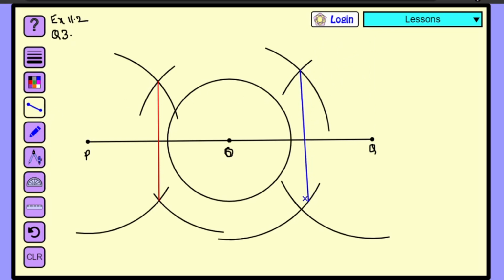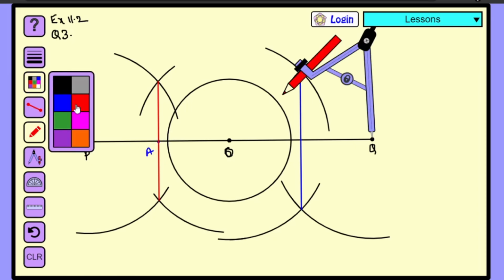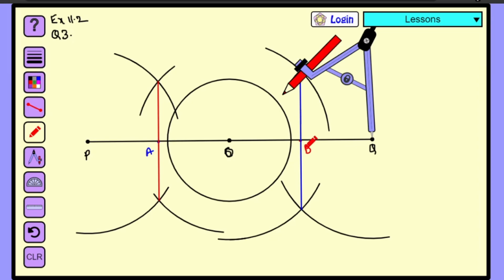This is another line segment. This red color line segment intersects OP at this point, name this point as A, and name this point as B.